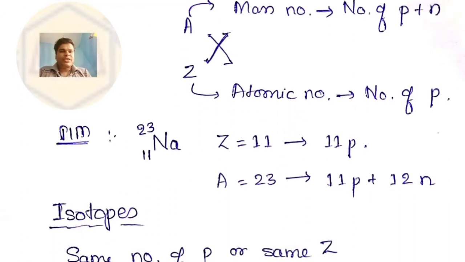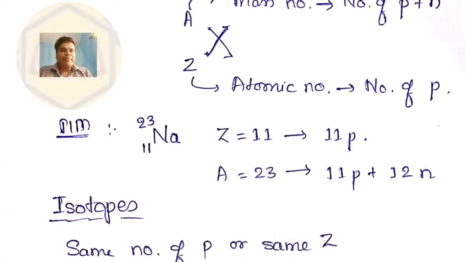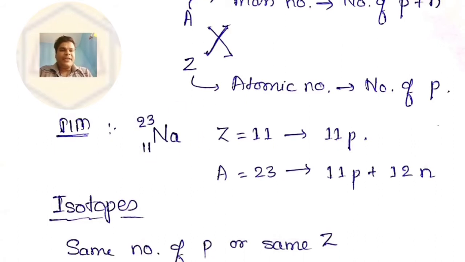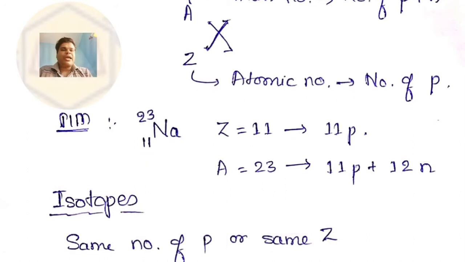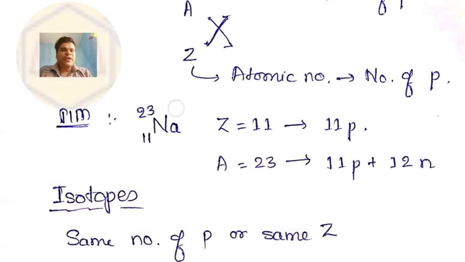One quick illustration: sodium can be represented as sodium with atomic number 11 and mass number 23. This is one particular isotope of sodium. What is an isotope? We shall see that. The atomic number 11 simply means that the sodium atom has 11 protons in it, and 23 means that its mass number is 23, which means that along with the 11 protons, 12 neutrons are present.